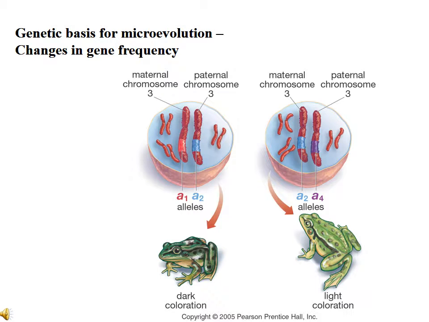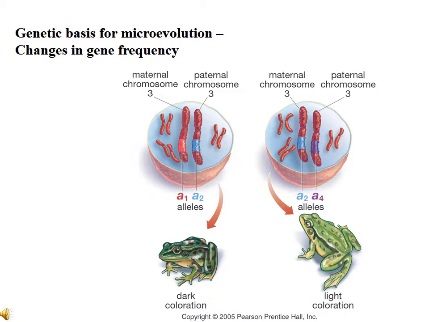So what is the genetic basis for microevolution? Which is basically changes in the gene frequency. If we look at the characteristics that evolved in the previous example, we see that the characteristic was color. A lighter color met the challenges in one area better than a darker color in the other area. Color is determined by different genes, a pool of genes.